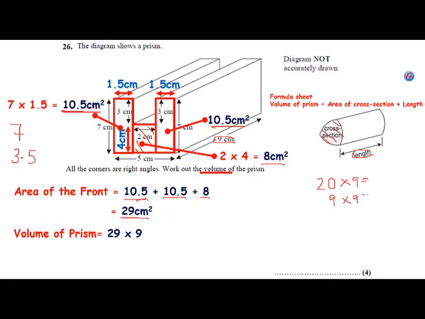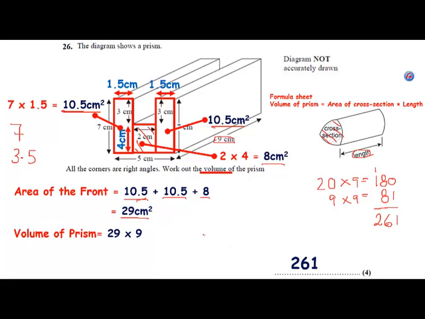That's going to be the same as 29 times 9. 20 times 9 is 180. 9 times 2 is 18 with a 0. 9 times 9 is 81. Add those together. 1. 8 add 8 is 16. Carry 1. 1 add 1 is 2. So that gives me the 261, which is the total volume of the shape.